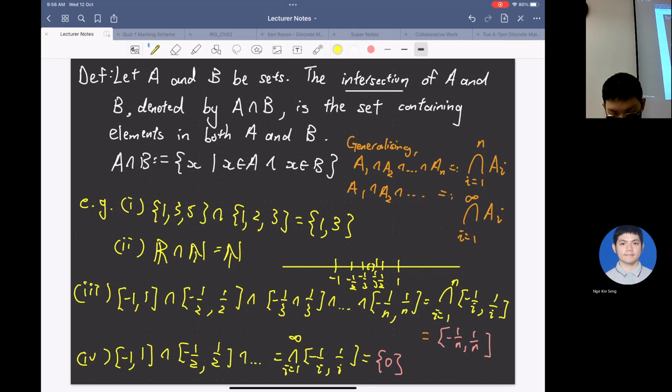Following this pattern, you shrink until 1 point, so you get 0. Okay, so 0 is in all the intervals here, but maybe the other inclusion is harder. This one is a bit hard to show, but this is 0.